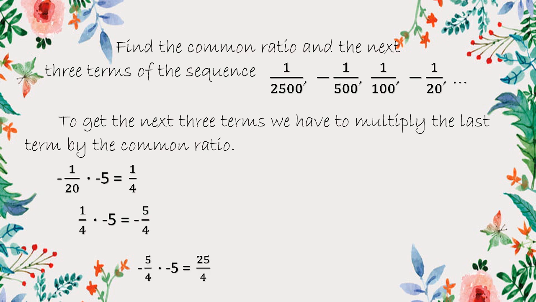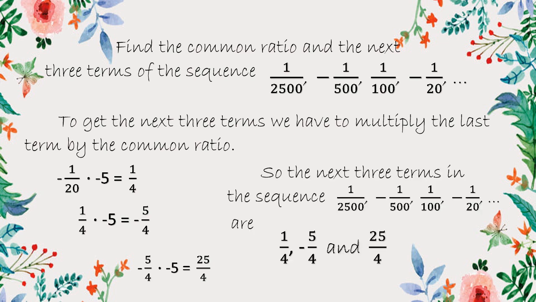Negative 5 over 4 multiplied by negative 5 is equal to 25 over 4. So the next three terms in the sequence 1 over 2,500, negative 1 over 500, 1 over 100, and negative 1 over 20 are 1/4, negative 5 over 4, and 25 over 4.